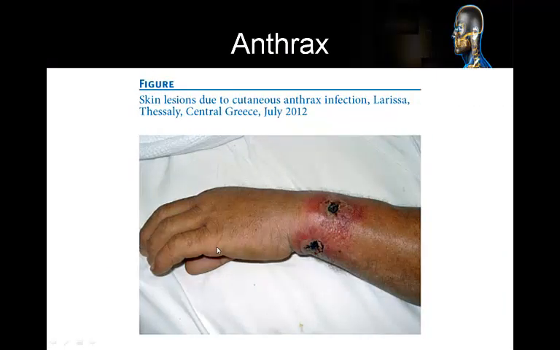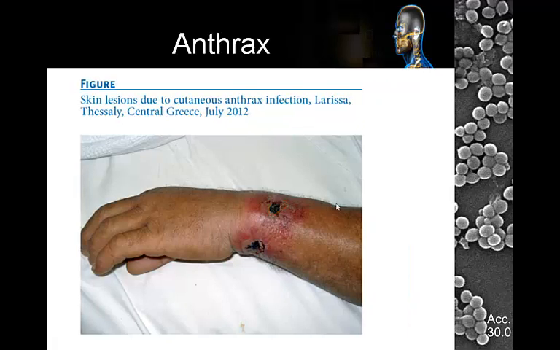Here's the effect of cutaneous anthrax on a person, and you can see the characteristic black ulcer. There are many different types of anthrax that can infect human beings. The most common is cutaneous, but the less common, highly infectious and potentially deadly type is pulmonary anthrax, as it impacts the inside of our lungs.